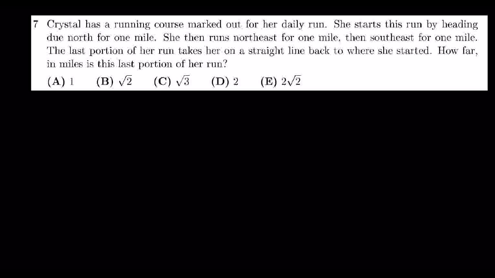Question number 7. Crystal is running a course for her daily run. It started by heading north for 1 mile. So this is the start, 1 mile north, 1 mile. Then she runs northeast. That is, this is north, this is the east, this is the south, and this is the west.